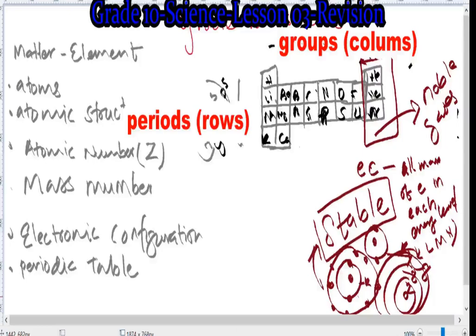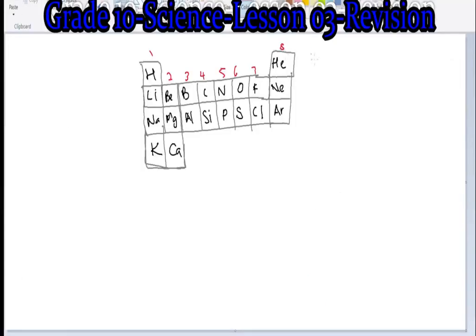Now that that is out of the way, we have 8 groups, and they are the columns, right? And then you have the periods, they are the rows, right?